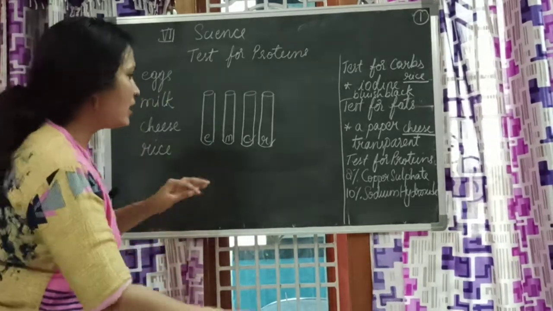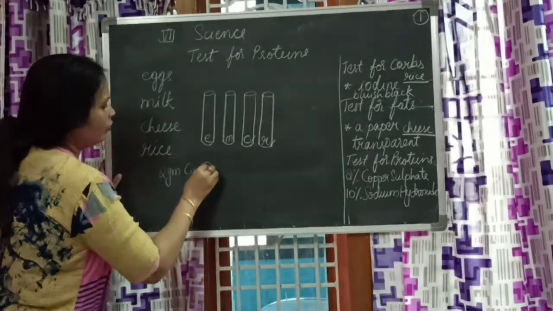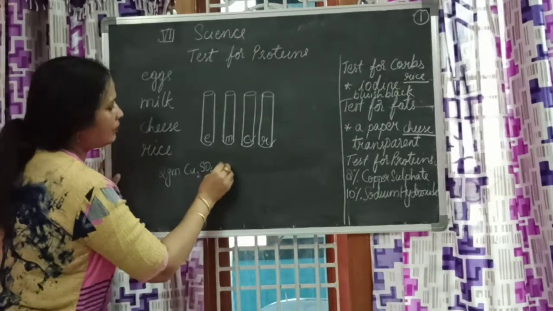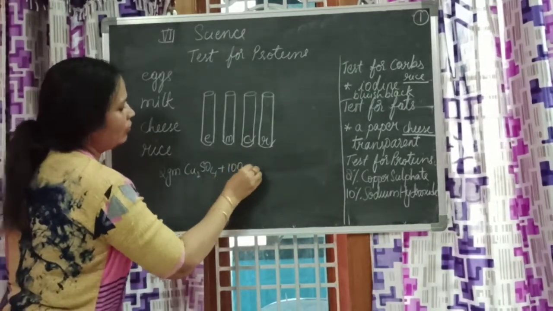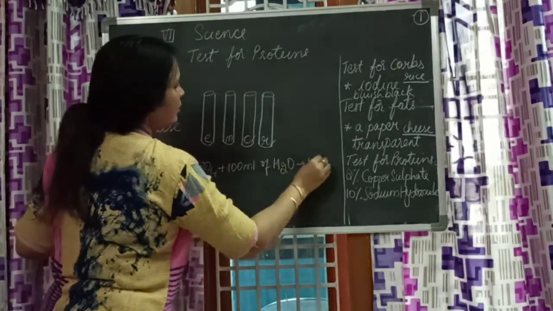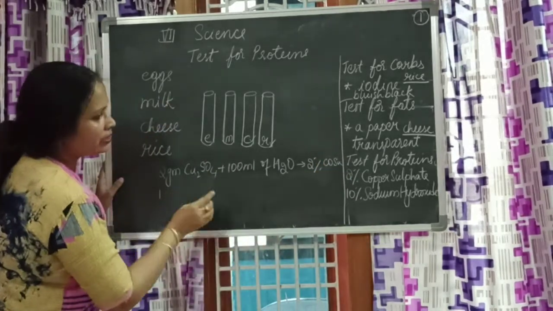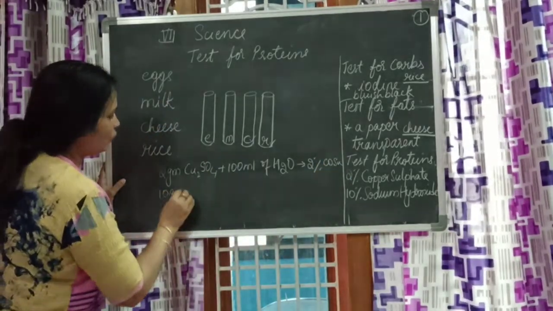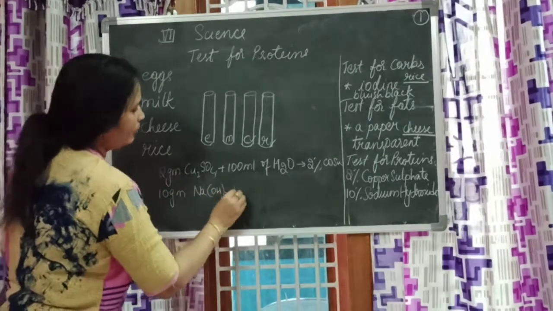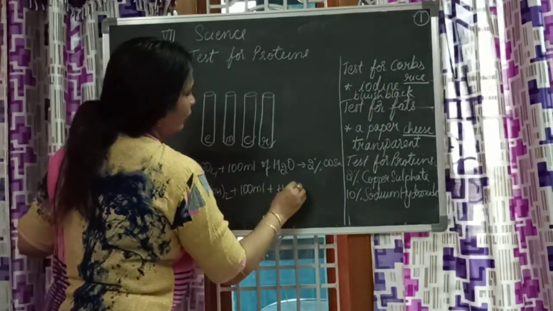What you have to do is, you have to take 2 grams of copper sulfate plus add in 100 ml of water. Then you get 2% copper sulfate solution. And then for 10% of sodium hydroxide, 10 grams of sodium hydroxide, NaOH, plus 100 ml of water.